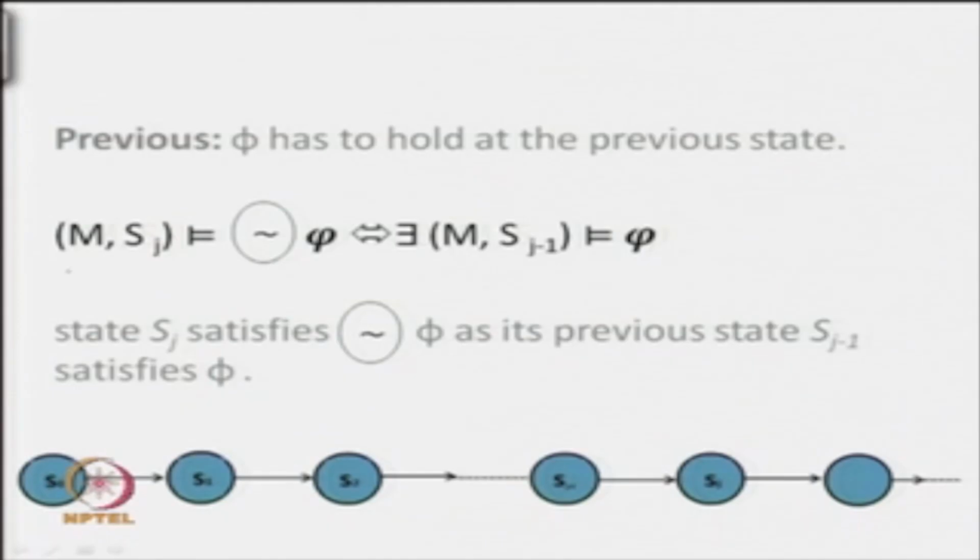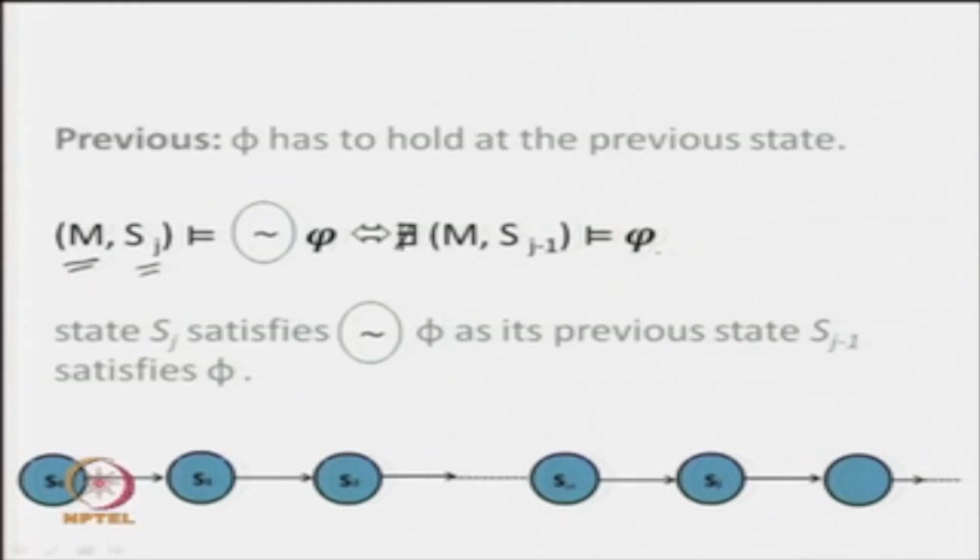Now, like the future temporal logic, we are going to look at the meaning of the past temporal logic. For the previous operator, we look at a particular model M and a state S j. When can we say that in state S j of model M the formula previous phi holds? If M, S j minus 1 models phi, then we can say that previous phi is true in that particular state S j.